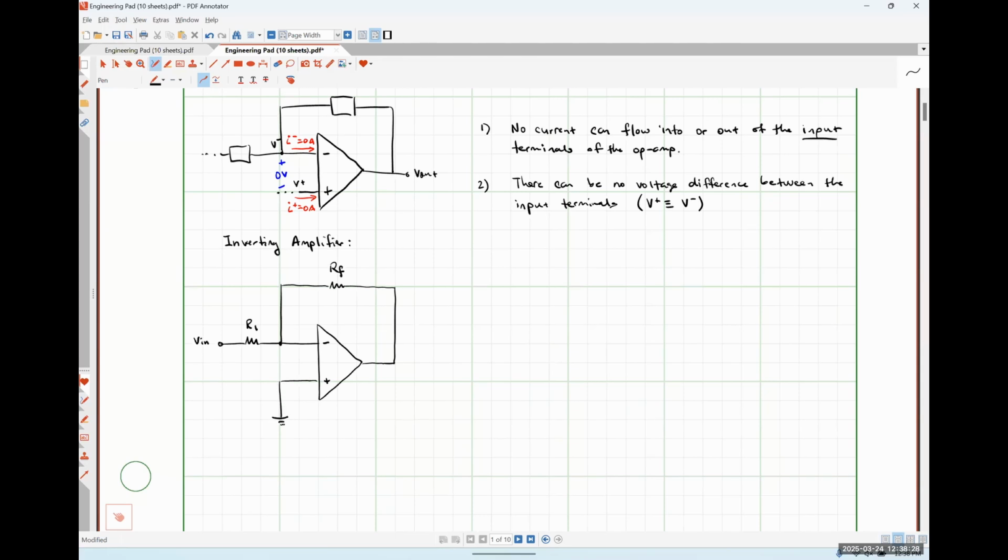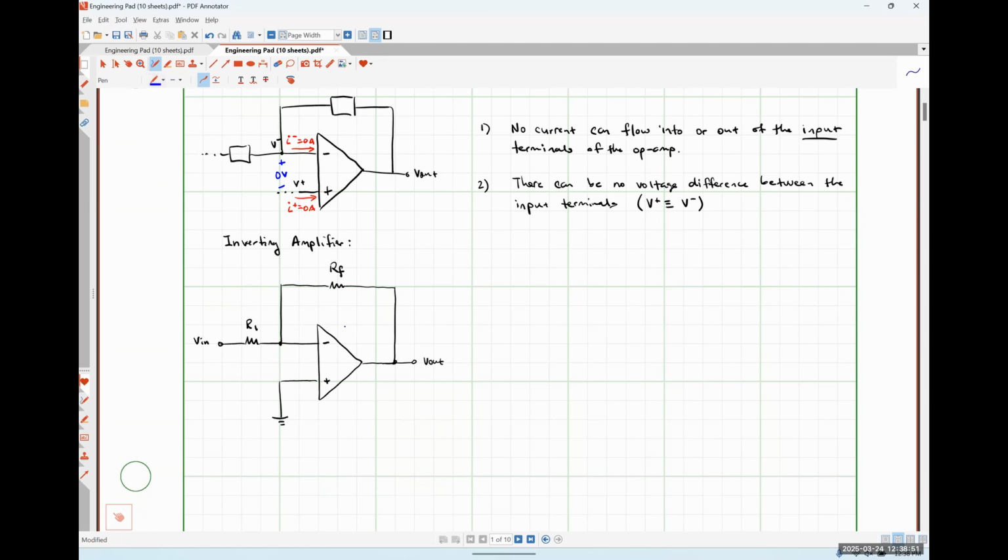I'm going to simply ground my non-inverting input node like so. And for right now, I'm going to just take my output voltage as the open circuit voltage, so measured between that node on the op-amp and ground.